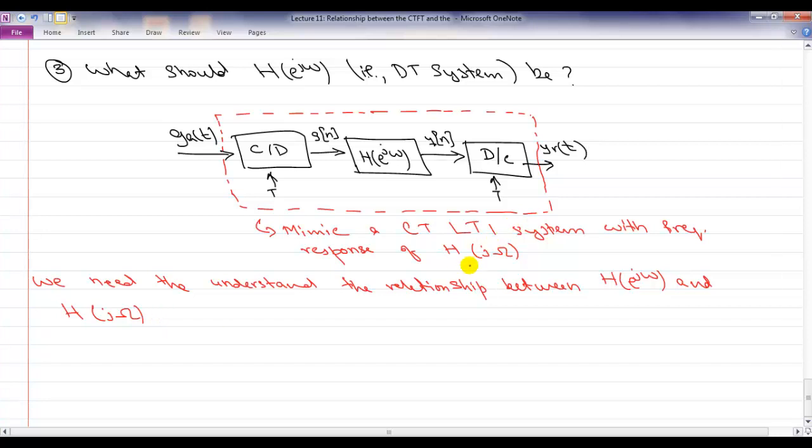Going forward, instead of calling this h of j omega, I'll be calling it h effective j omega, because this is effectively acting as a continuous time system, even though we never explicitly put a continuous time system there.